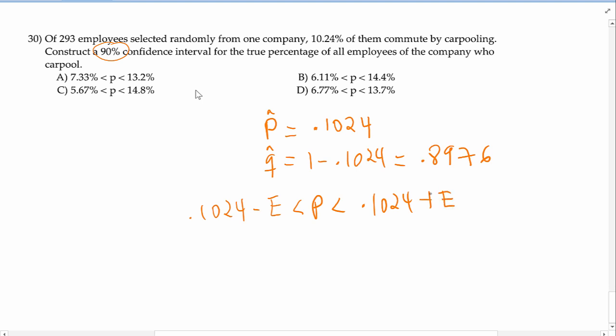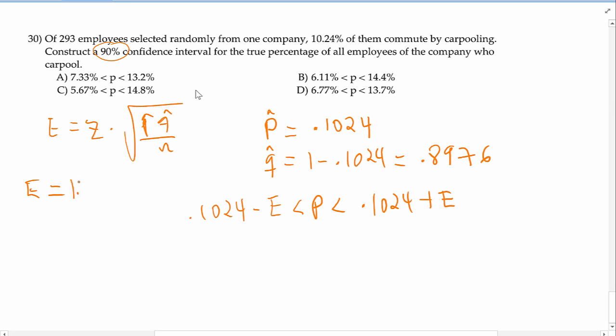So what is the margin of error? The margin of error is going to be the z-value times the square root of PQ over n. Well, what is the z-value that corresponds to a 90% confidence interval?